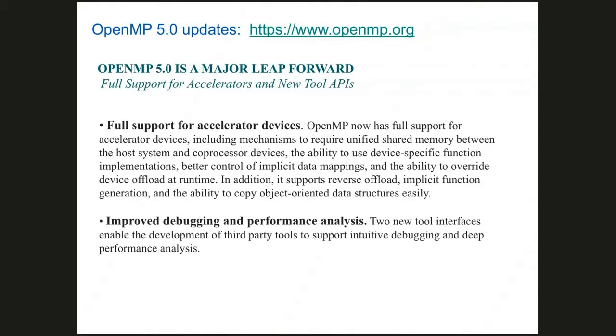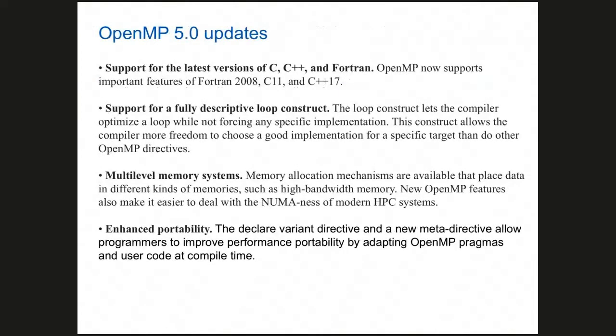And then it improved debugging and performance analysis. Two new tool interfaces enable the development of third-party tools to support intuitive debugging and deep performance analysis. And then it supports the latest versions of C, C++, and Fortran. OpenMP now supports important features of Fortran 2008, C11, and C++17.